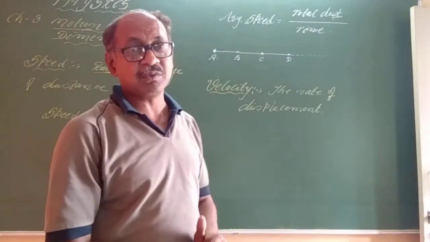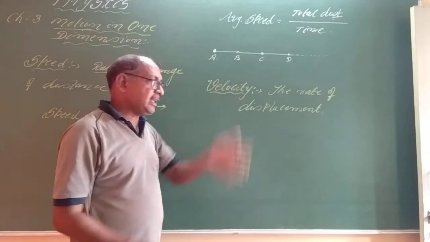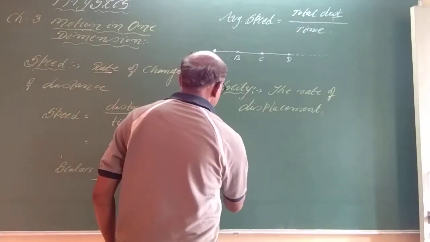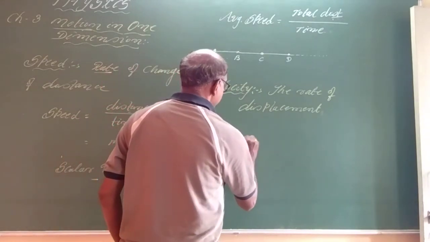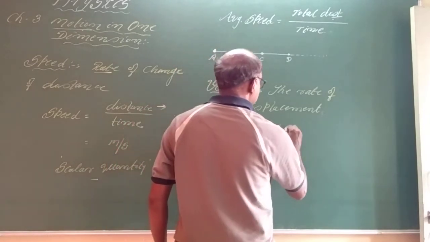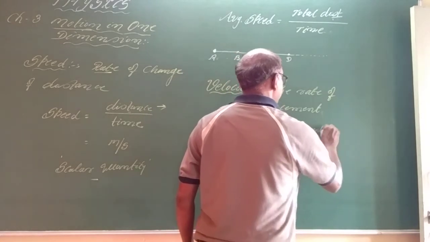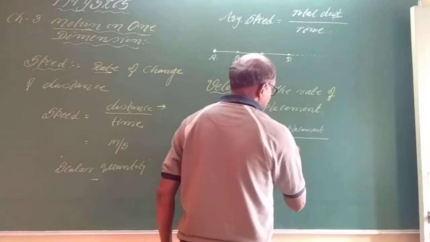Then it is termed velocity. We can give the velocity like this: velocity is equal to displacement of a body divided by time.